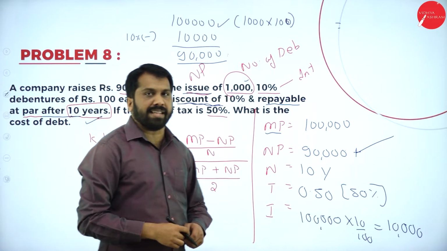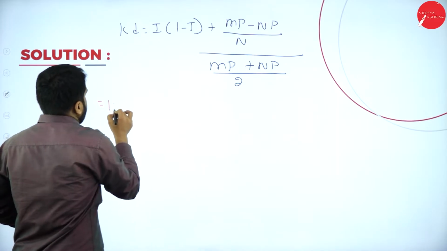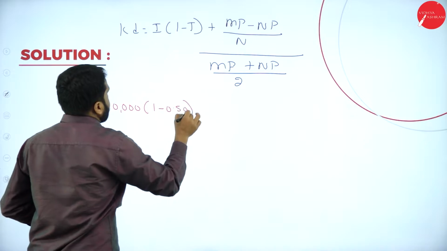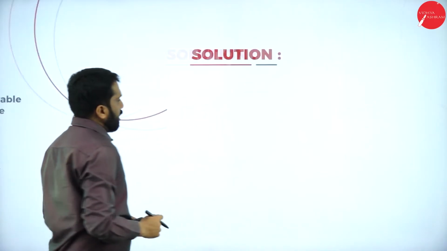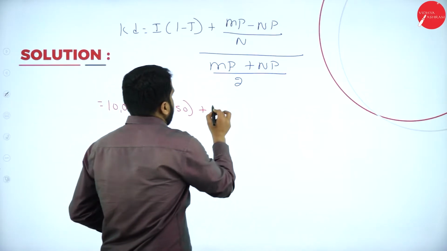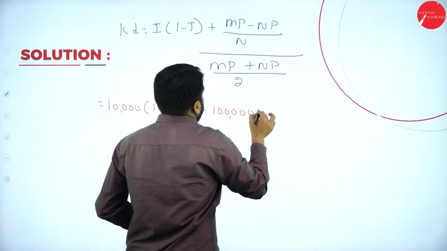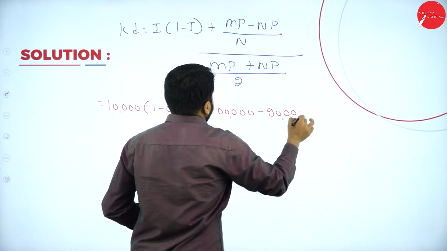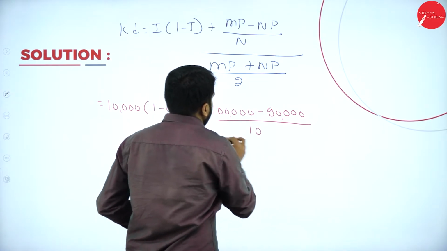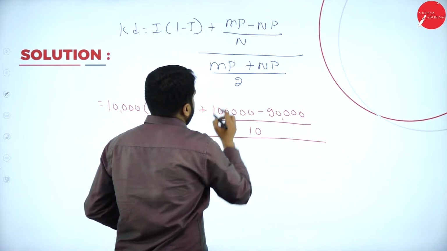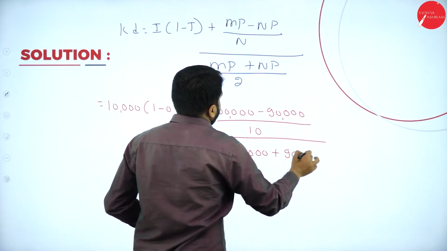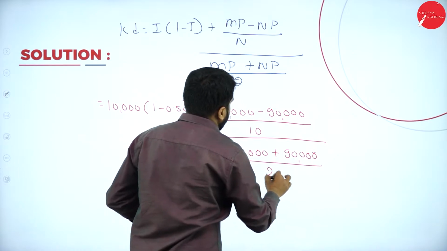As per this, first, what is the interest part? Interest is 10,000, times 1 minus tax, that is 0.50, plus MP minus NP. MP means how much? 1 lakh. NP means 90,000. So it is 1 lakh minus 90,000 divided by number of years, 10, whole divided by MP, 1 lakh plus NP 90,000, divided by average 2.